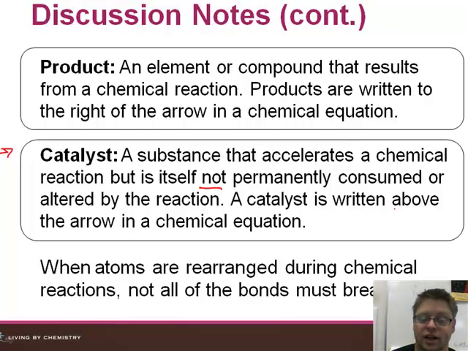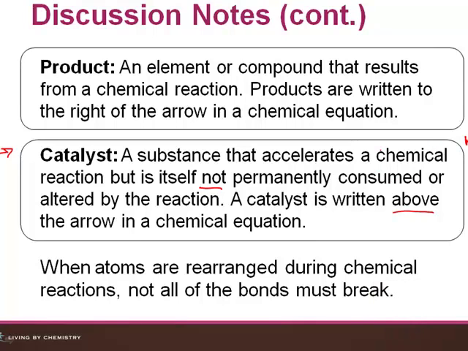It is written above the arrow in a chemical reaction. So that means it's not a product, and it's not a reactant. Again, it's just something that is used to allow the reaction to occur quicker, and it accelerates this chemical reaction.